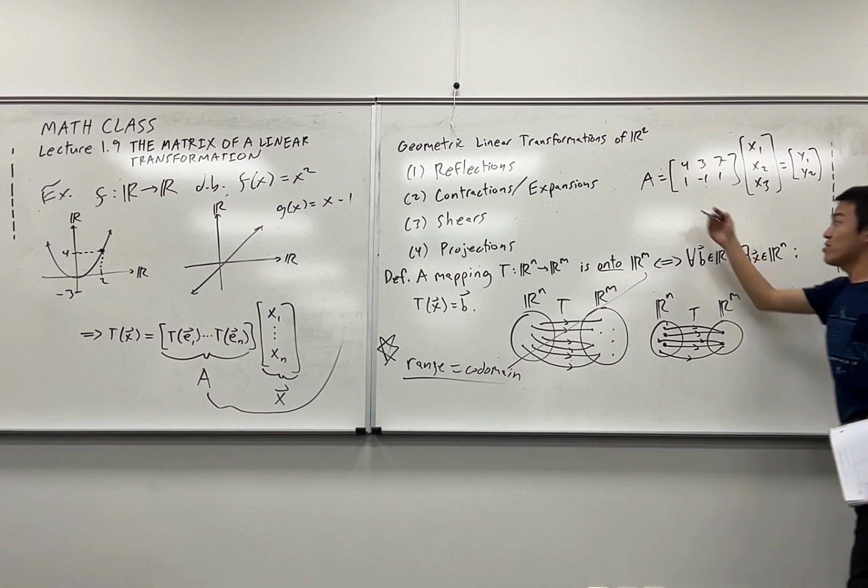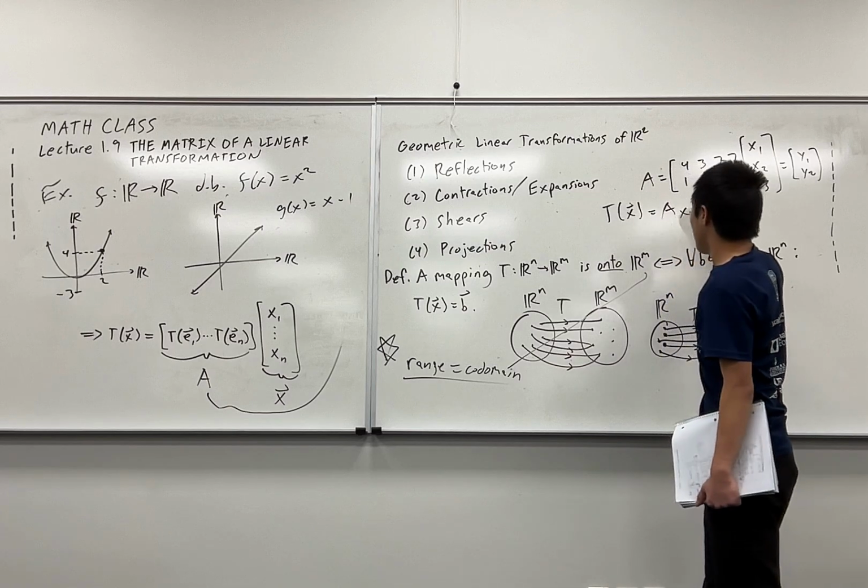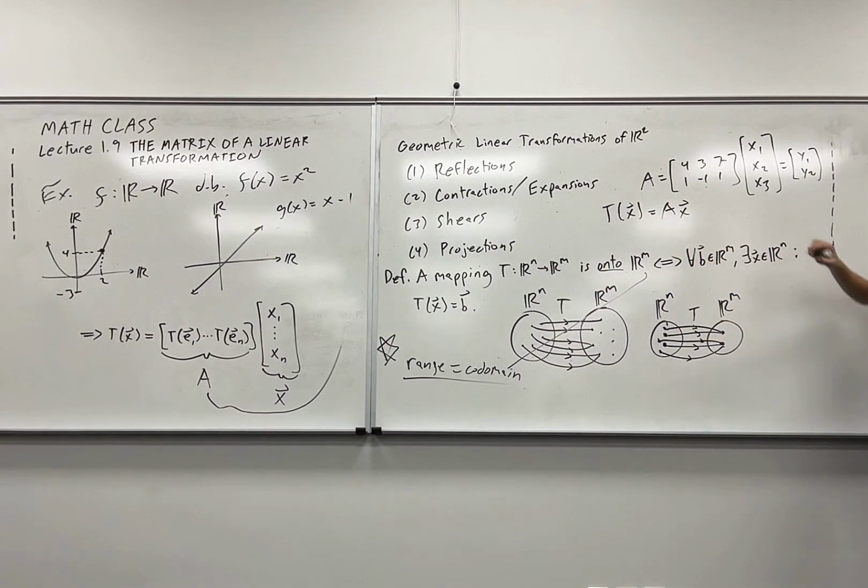What I'm really doing when I take T of x equal to Ax is saying, okay, I plug in some x, I spit out some corresponding y. Plug in some x, spit out some corresponding y. And eventually the question becomes, am I allowed to choose any vector y and then work backwards and be guaranteed to find an x that gets me there? That's really the question.